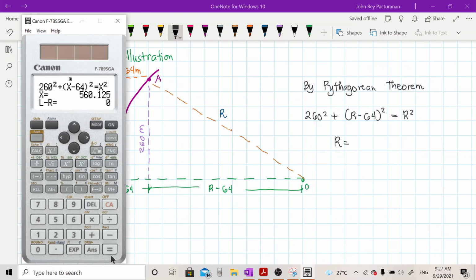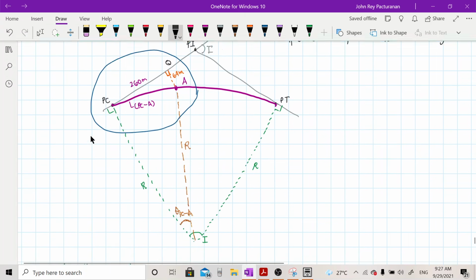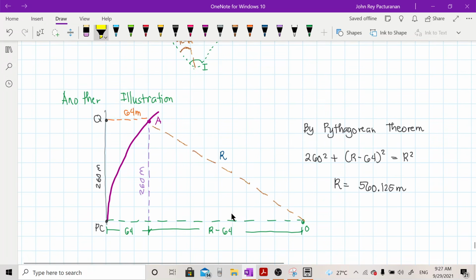Shift solve. Yun na yung lalabas: 560.125 meters. By simply changing the orientation of our figure, naging mas madali yung solution natin.